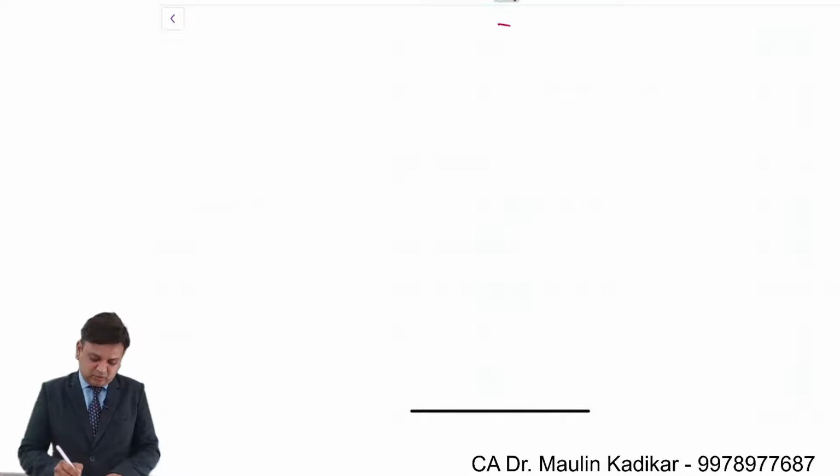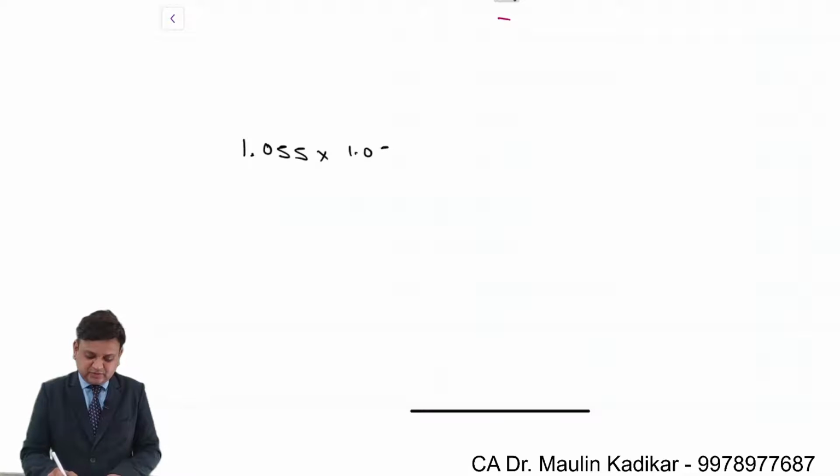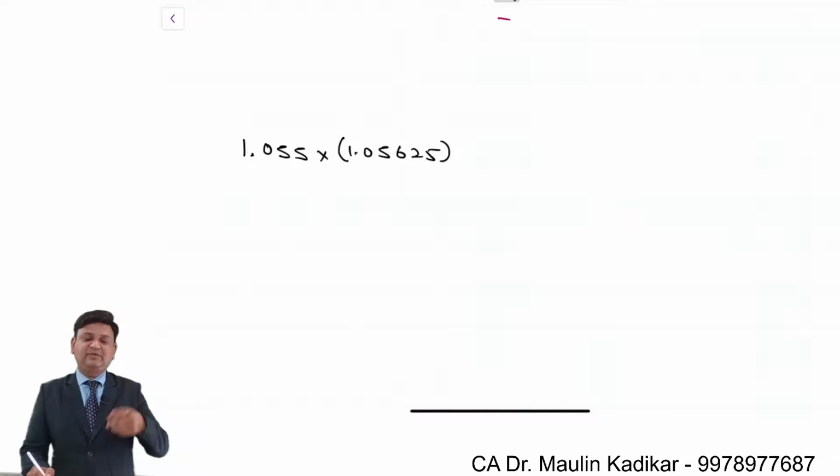Suppose I would have borrowed $1 at the beginning of year 1. Then first year interest is 5.5%. Second year interest is 1.05625. Third year same. Fourth year same. So $1 or 1 rupee which I have borrowed will have this much repayment at the end of the fourth year.